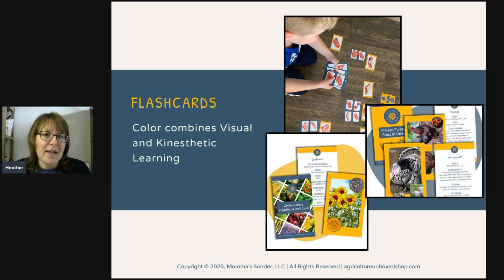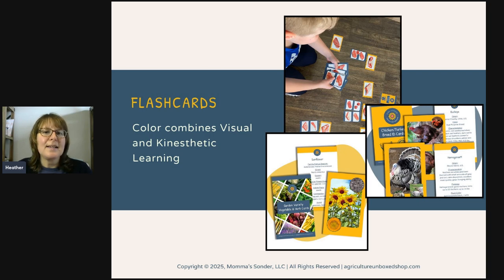Flashcards are another thing that combines visual and kinesthetic learning. You are able to use those cards and manipulate them in different ways, whether you are just looking at the front of them, identifying them, and reading the things on the back of them as a kinesthetic piece. You can be putting those in different categories, like we see in the top picture, where we're matching the different retail meat cuts with the wholesale cuts.